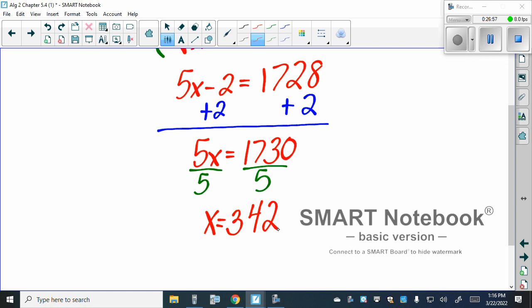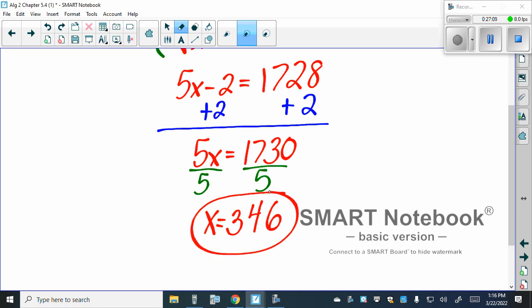It's going to be 346. This is the third time I've done this today. 346.